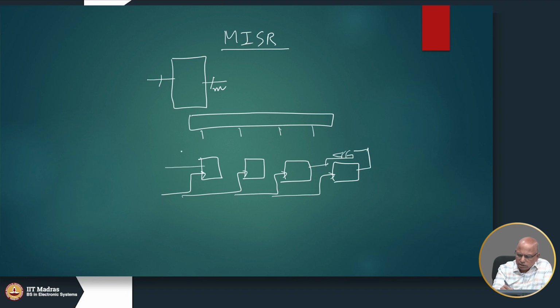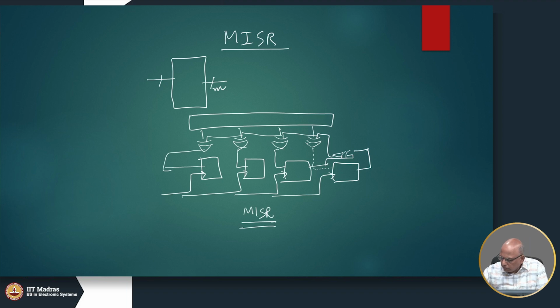Now what I can do here is, I can take the output here and XOR these two guys together and feed that to this guy. And similarly I could take this output and feed these two guys, and then take the feedback output. Okay, this is a multiple input signature register.